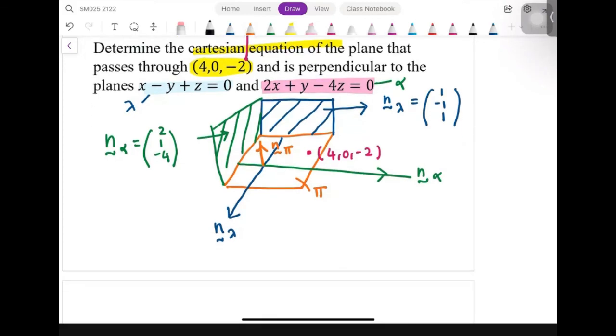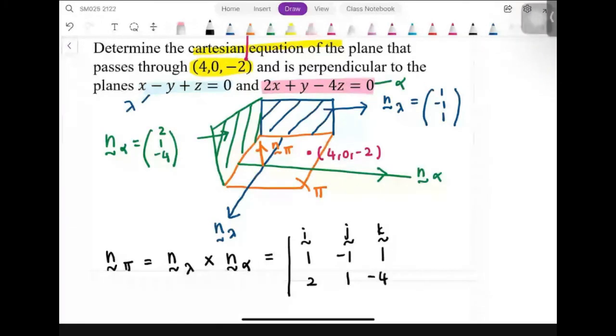Okay. So ingat. Normal untuk pi kita akan dapat bila kita crosskan normal for plane lambda cross with normal for plane alpha. Alright, so we may start with the cross product ijk of 1, negative 1, 1 with 2, 1, negative 4.